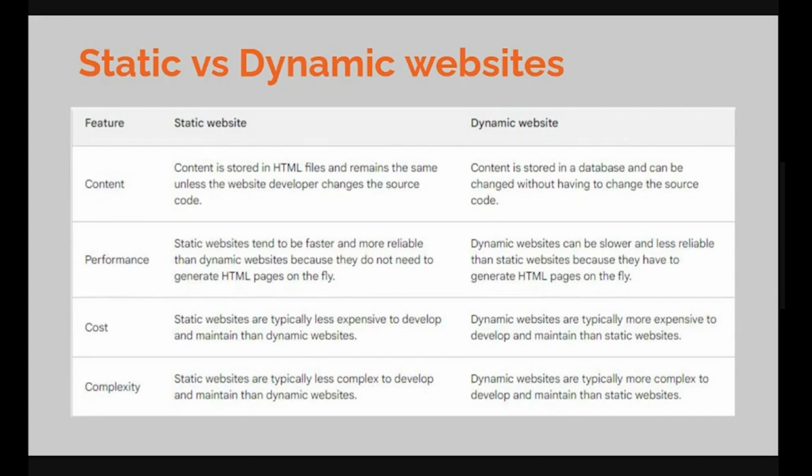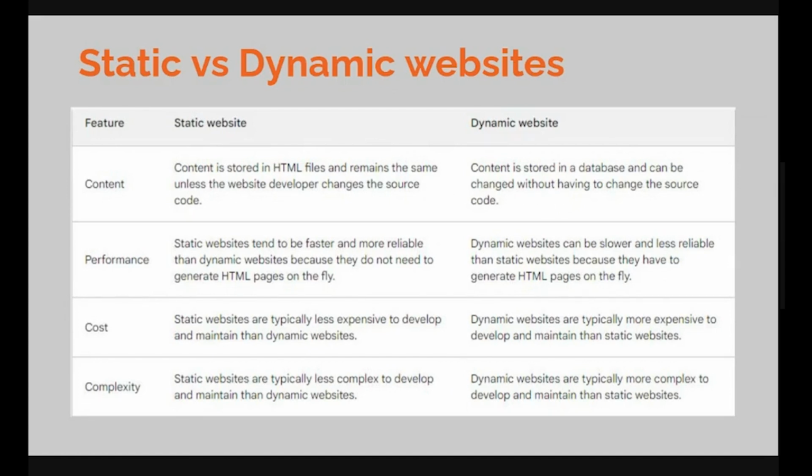But on a dynamic website, the content is stored using a database, and this database would include things about the user. The database can also be changed without having to change the source code. So that's a very profound comparison between a static and dynamic website.